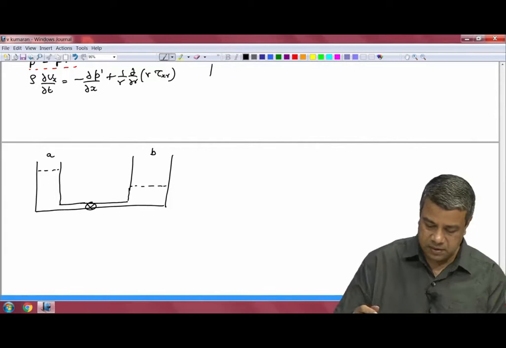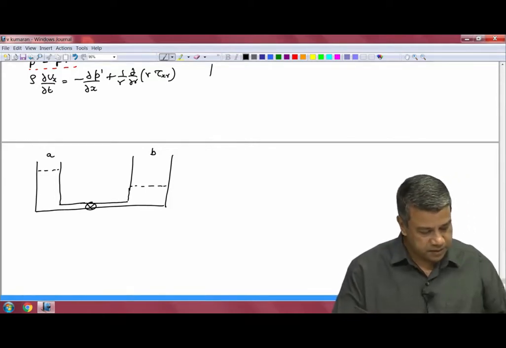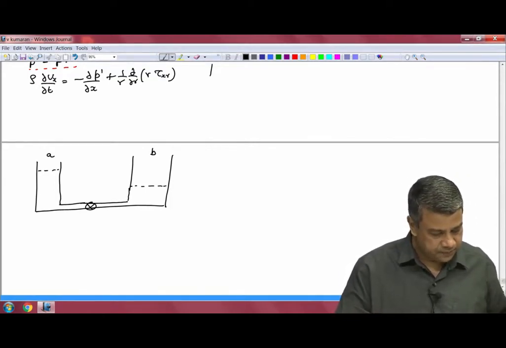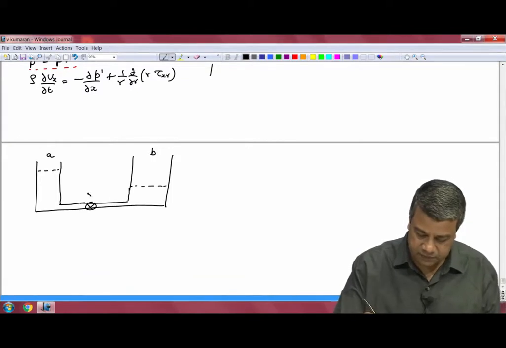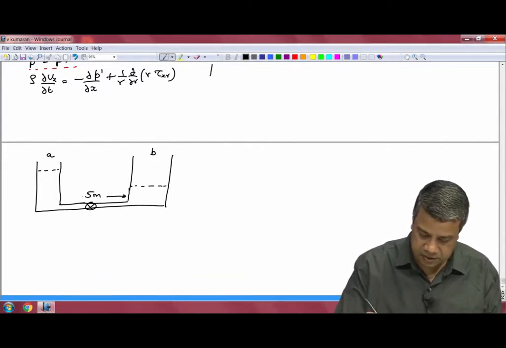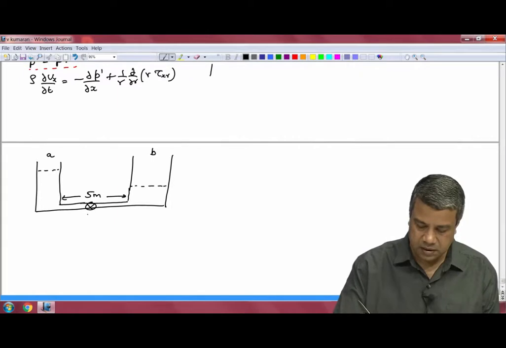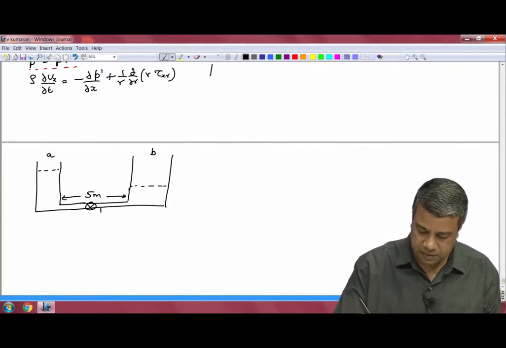The two are connected by a pipe, and that pipe has a length of 5 meters, and the diameter of the pipe is 1 centimeter.